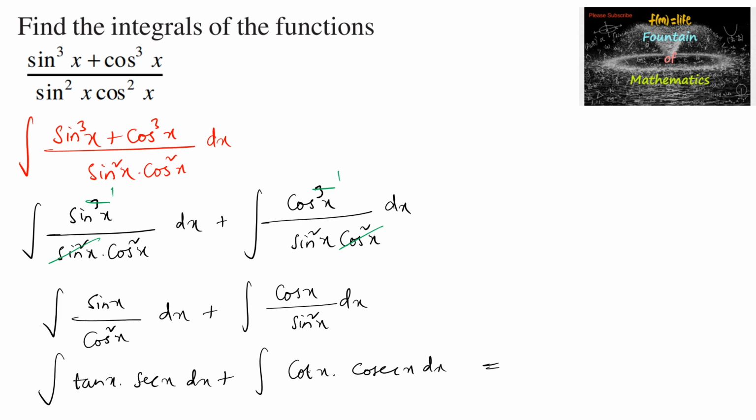And we know that the integral of secant x tan x is secant x, and the integration of cosecant x cot x is minus cosecant x, plus the integral constant c is the answer.